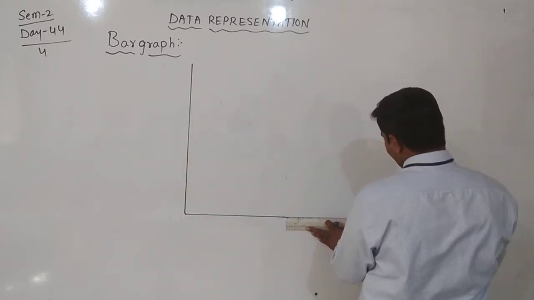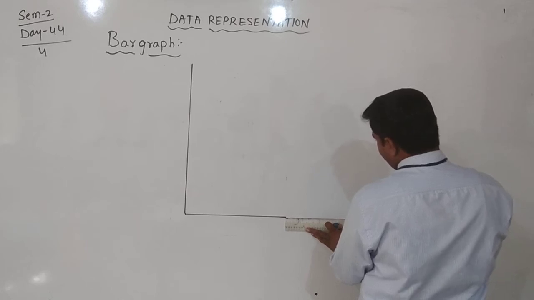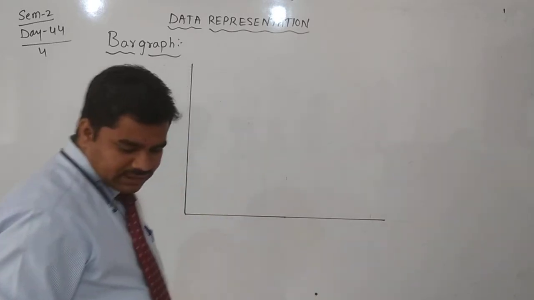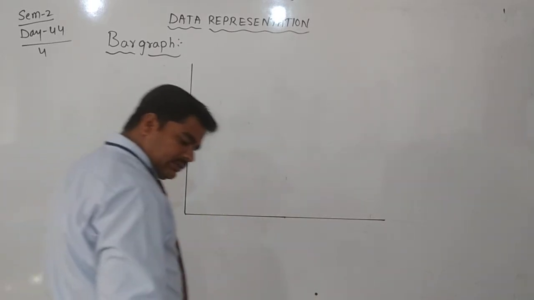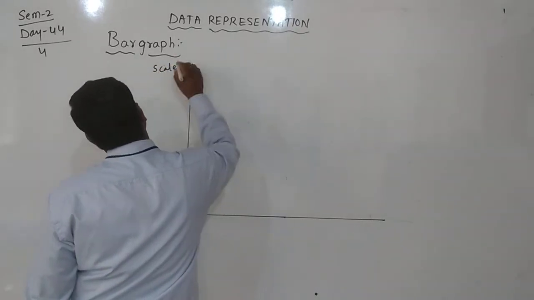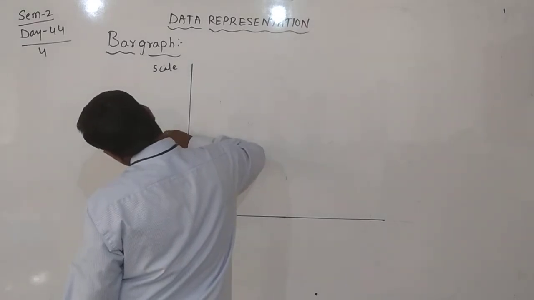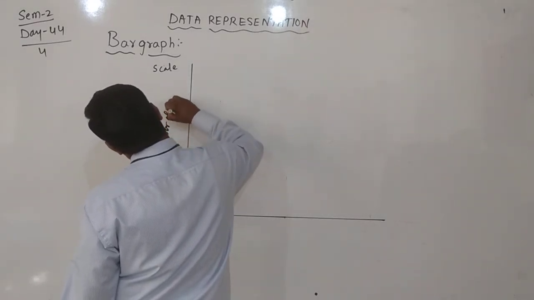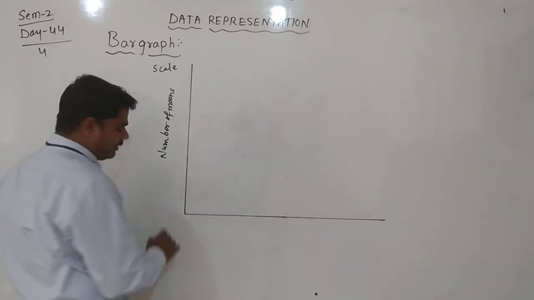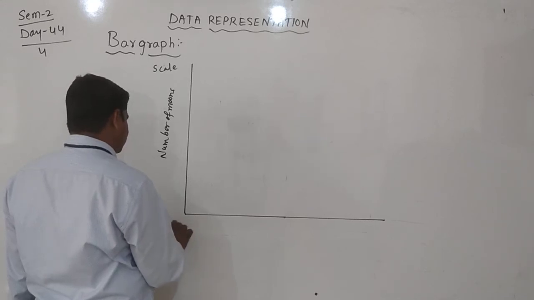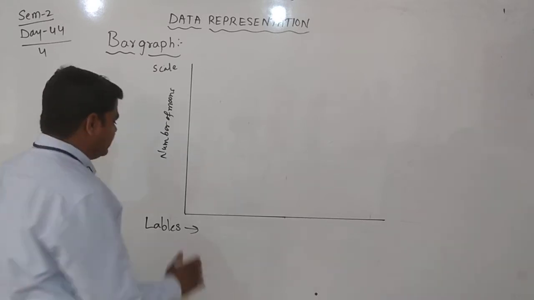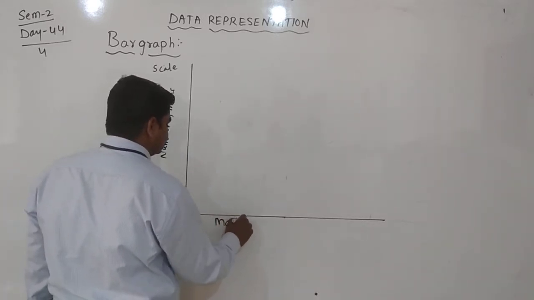You should also draw the bar graph with the help of a ruler and pencil. Here the vertical axis is the number of moons, and the horizontal line is about the labels, the objects, etc. Here first, Mars, this is the planet.